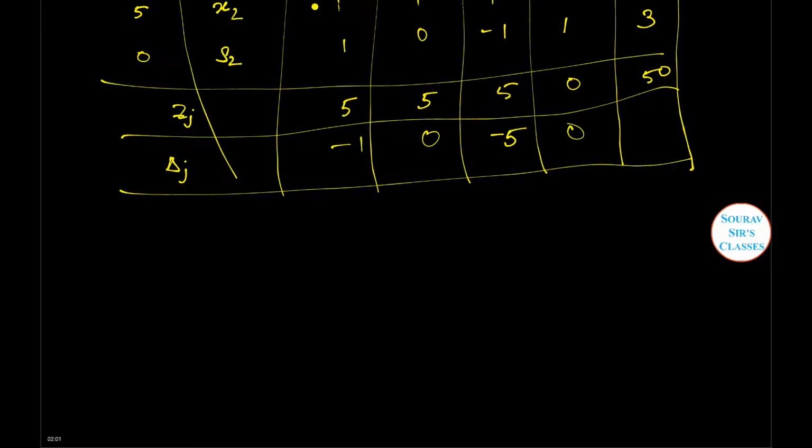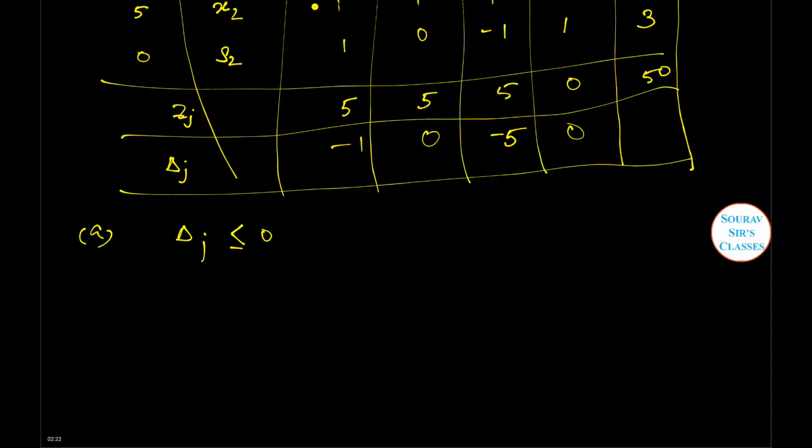And now the questions are, is the solution optimal? Are there more than one optimal solution? The answer to the first question is yes, the solution is optimal, as all the Delta j are less than or equal to 0.